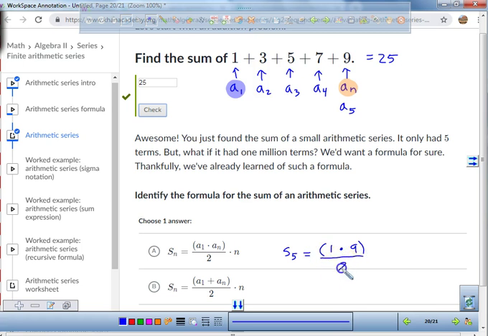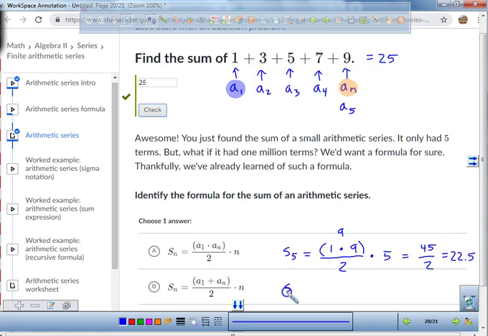Divided by 2 times, and what's the n value in this particular case? A 5. When you multiply all this out, you get 9 over 2 times 5, which is 45 over 2, which becomes 22.5. What are we supposed to get to? We're supposed to get to a 25.